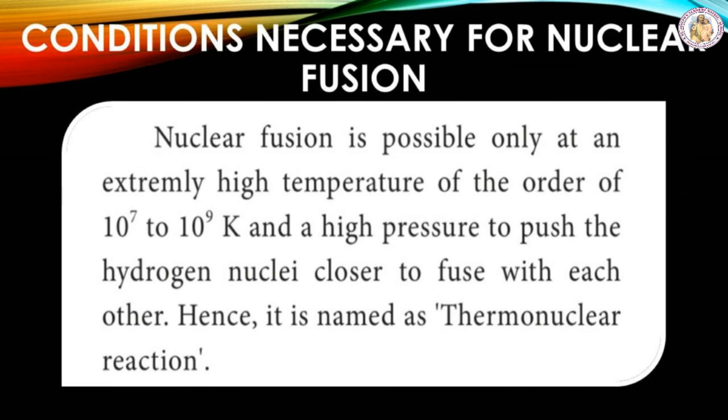It is possible only at an extremely high temperature of the order of 10^7 to 10^9 Kelvin and a high pressure to push the hydrogen nuclei closer to fuse with each other. Hence, it is named as thermonuclear reaction.